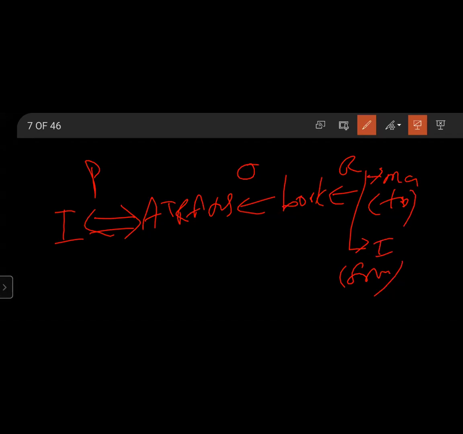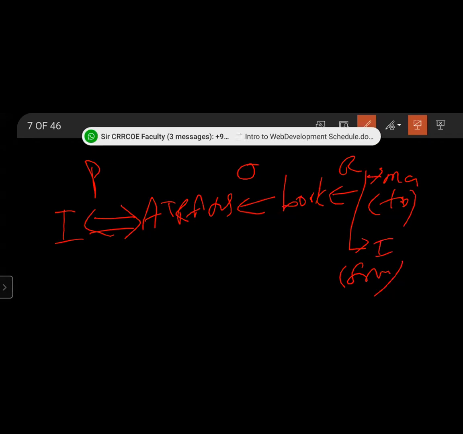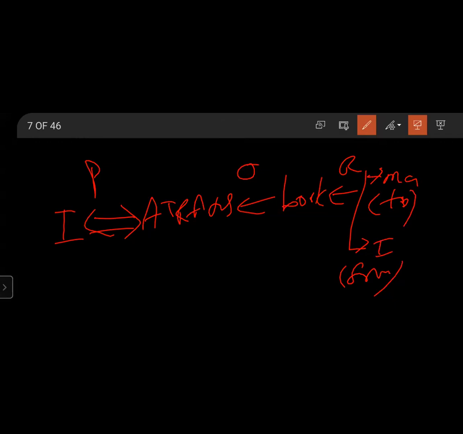R for the recipient case relation. Capital R. Here P for portions. D is the destination. These are different conversions.